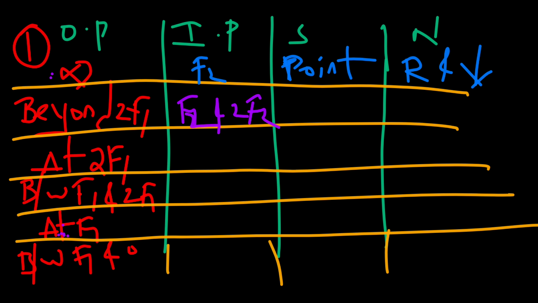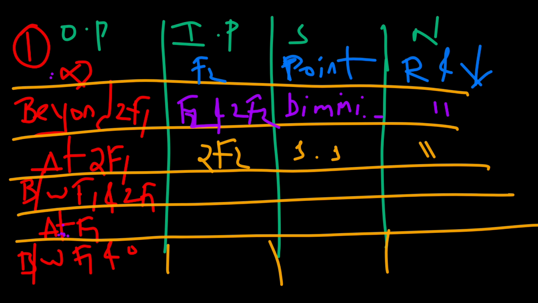So the size of the image is again diminished, and nature of the image is the same, real and inverted. So when the object is at 2F1, the image is at 2F2, same size, and the nature is real and inverted.